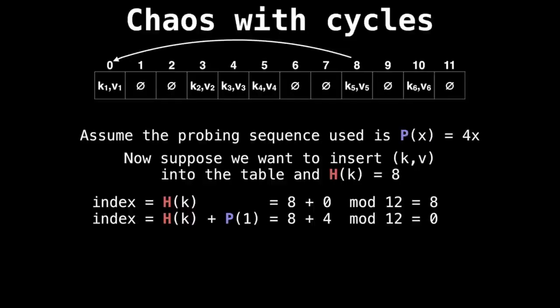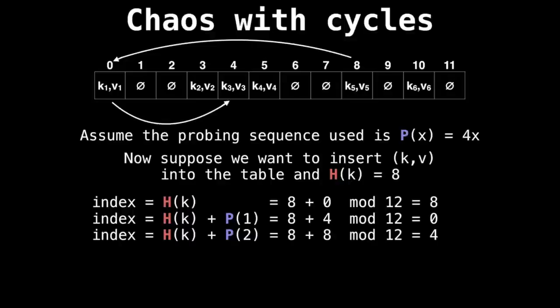So we compute p of 1, which is 4x at 1, so we get 8 plus 4 mod 12, well that's 0, so we go to slot 0 and see that it is also occupied because key 1 and value 1 is already there.